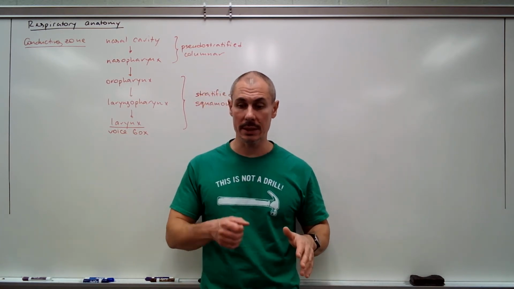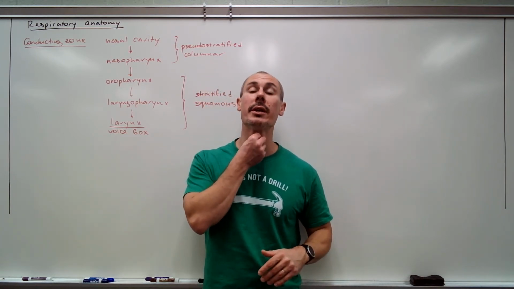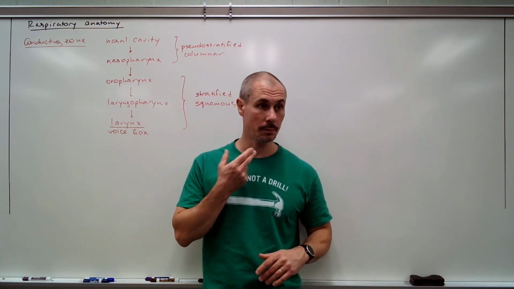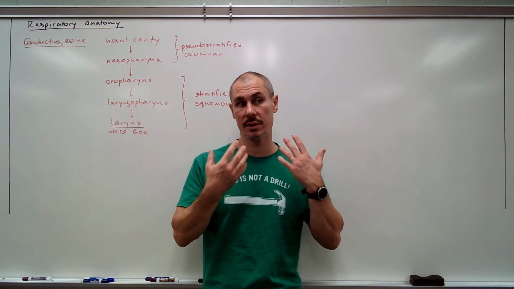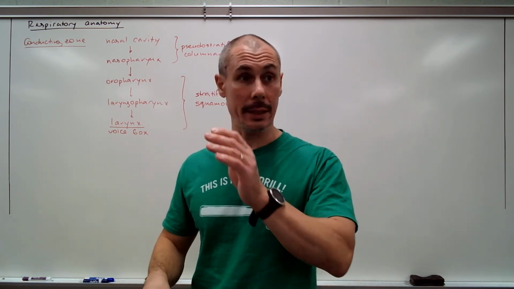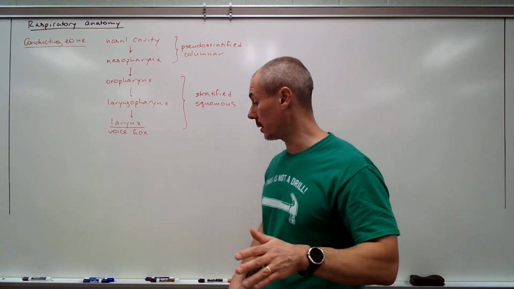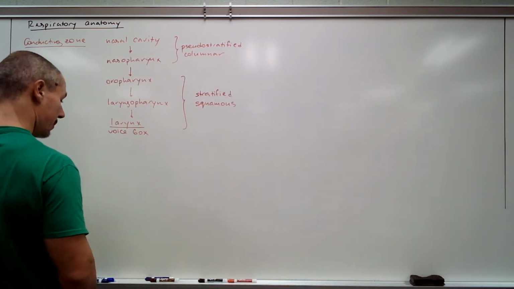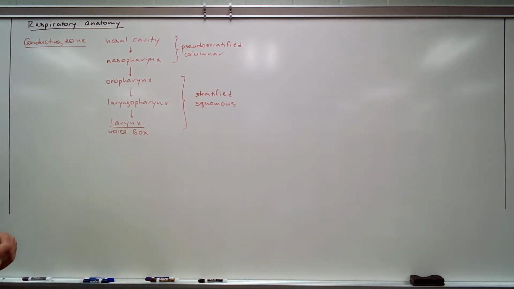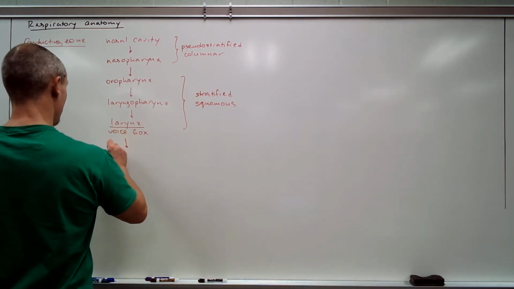Other anatomical parts, so anterior here is thyroid cartilage, Adam's apple. There are plenty of cartilages in the voice box. You have it all on the anatomy study guide. It's not going to be particularly complicated. The point is that after the larynx, air that you inhale enters the trachea.